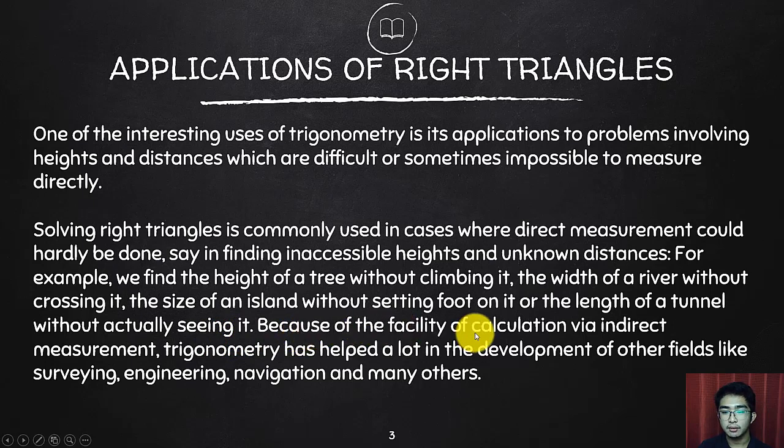Because of the facility of calculation by indirect measurement, trigonometry has helped a lot in the development of other fields like surveying, engineering, navigation, and many others. This is very true in our profession, especially in surveying, wherein you use triangulation to solve for areas and distances. So this is a very important topic.